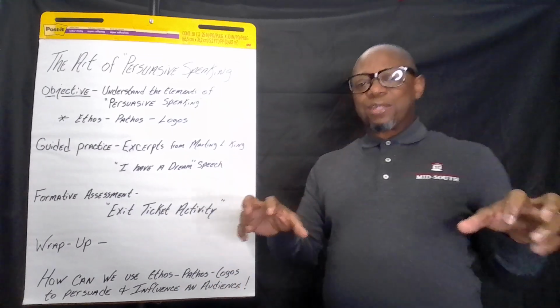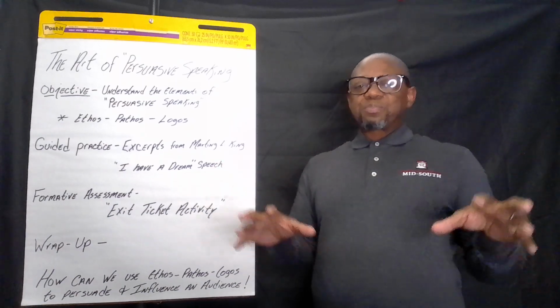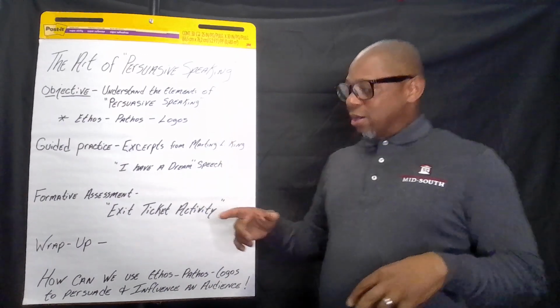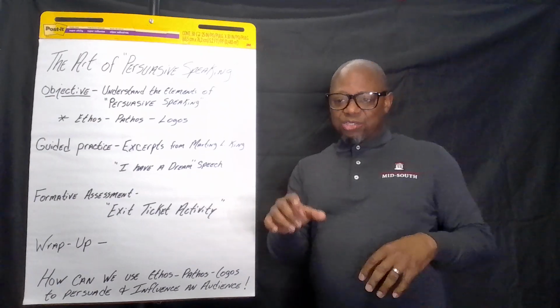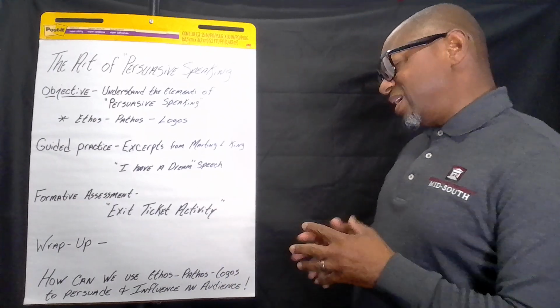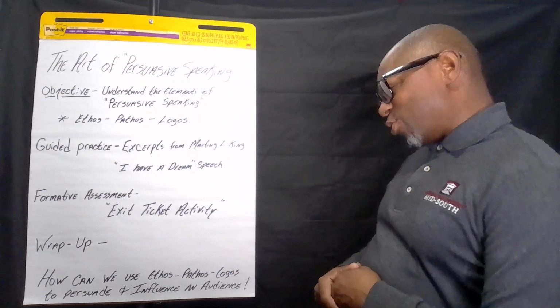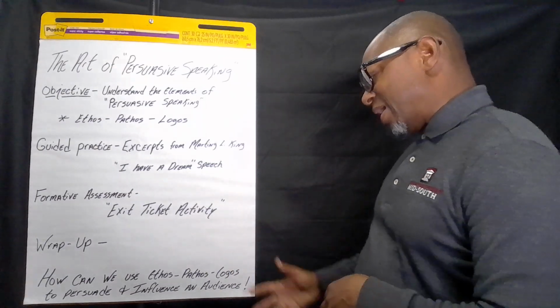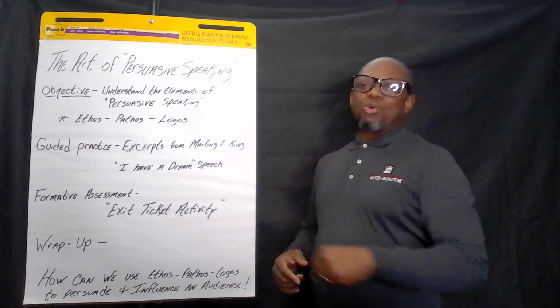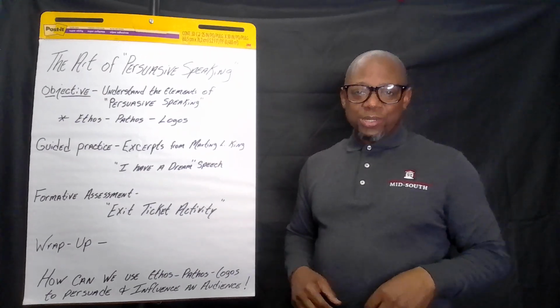It's not anything that you have to write, but I do want you to think about this, our essential question. It says, how can we use ethos, pathos, and logos to persuade and influence an audience? So let's get started and jump into our lesson and see how far we can get today.